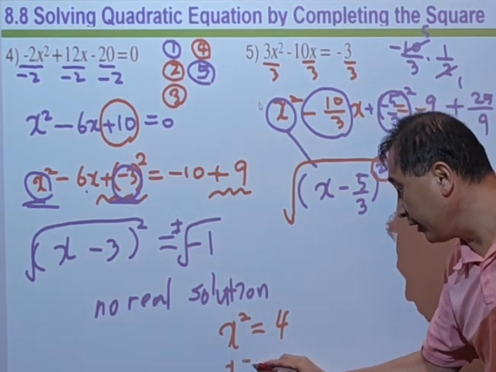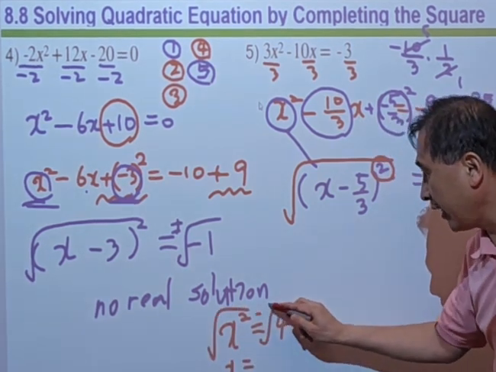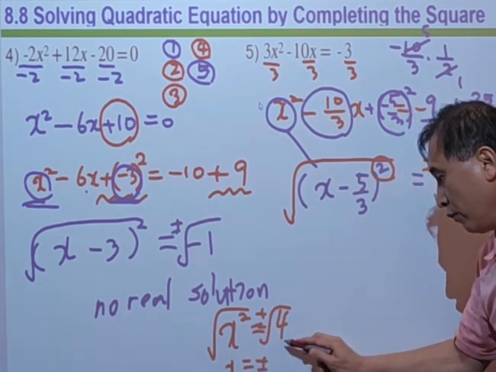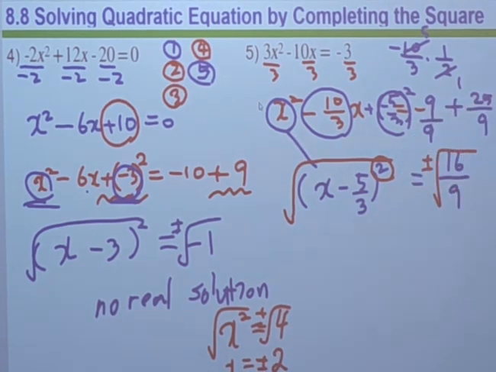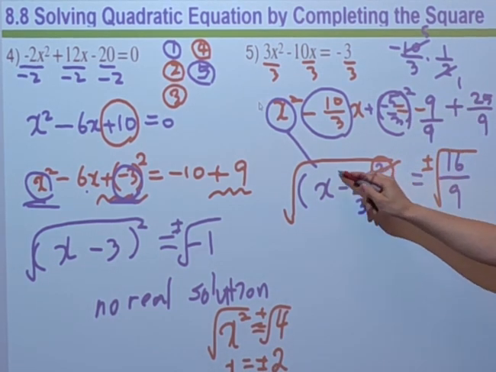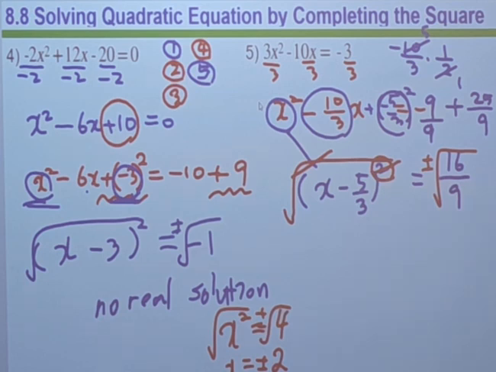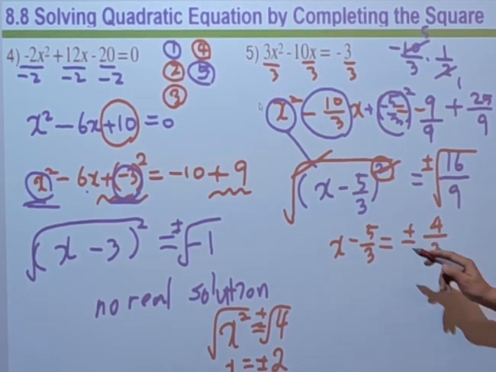So this one all the time square root plus minus. So the answer is plus minus, 4 is 2 squared, so plus minus 2. Same way, now the square root and square cancel out. So x minus 5 over 3 equals plus minus the square root of 16 over 9. 16 is 4 squared, so that becomes 4, and 9 is 3 squared, so that becomes 3.